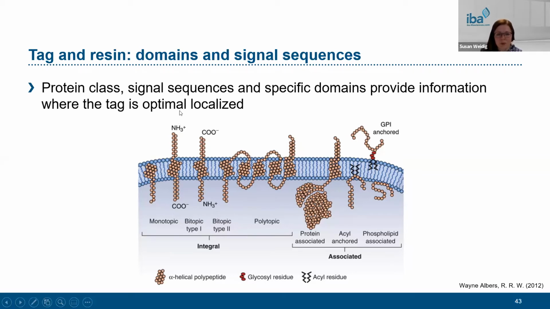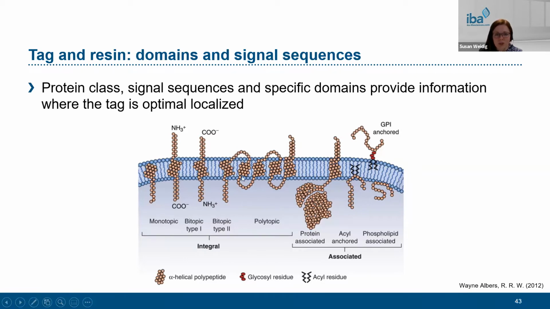That means if you place your tag at this side or this side, you will lose your tag during the translocation of the protein. So it is better to place the tag not after the signal sequence or at the other end of the protein.